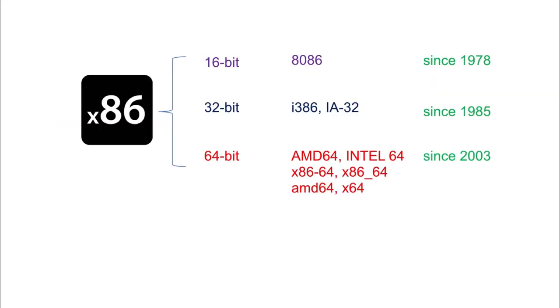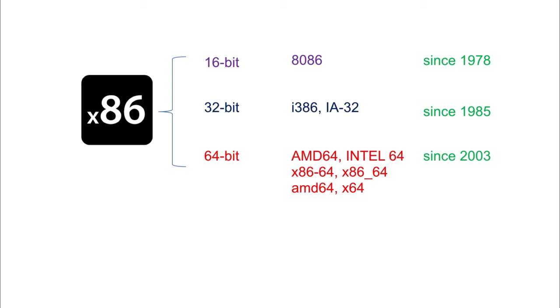Now let's have a look at the x86 family. All the personal computers nowadays use the x86 architecture. It contains 16-bit, 32-bit to 64-bit versions.